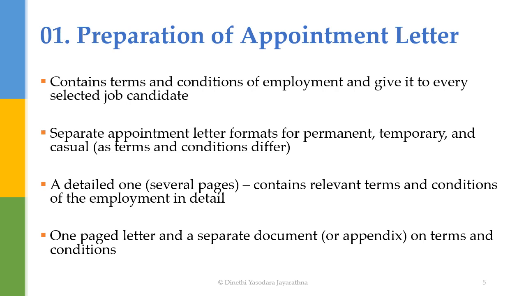So the company can have two types of appointment letters, which is a detailed one and a one-page letter. Some organizations provide a one-page letter which is a summarized document on the terms and conditions of employment. Necessary terms and conditions included in a one-page document.